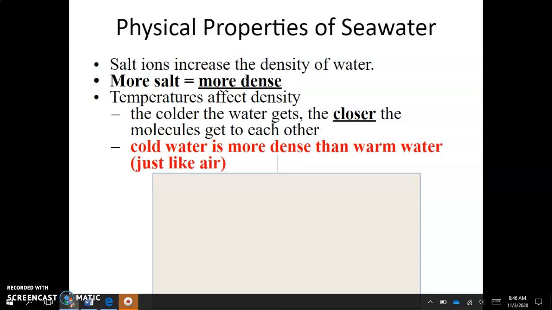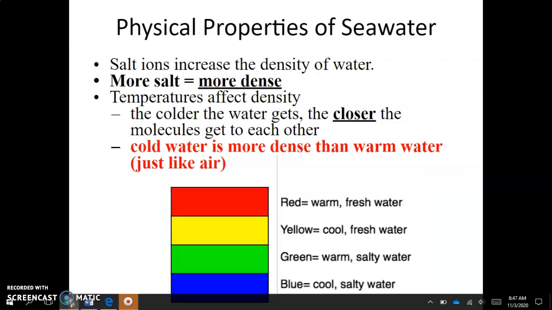Where at the poles, there's not as much heat, right? There's not as much radiation from the sun, so the water cools down. And as it gets colder, it becomes heavier, more dense, so it sinks down. And then it will move towards the equator, and the process will happen again. That's what creates this conveyor belt-like movement of those currents in the ocean.